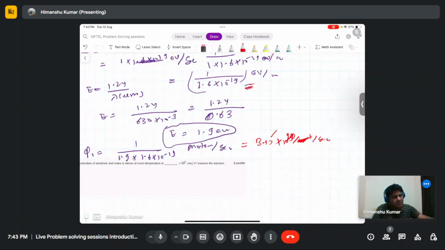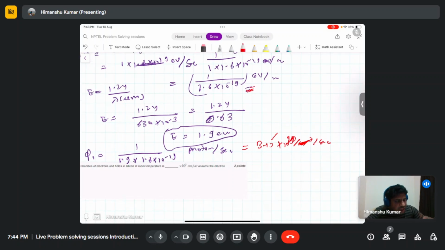Now, to get the number of electron-hole pairs per unit volume generated, we need to divide by the volume of this semiconductor.